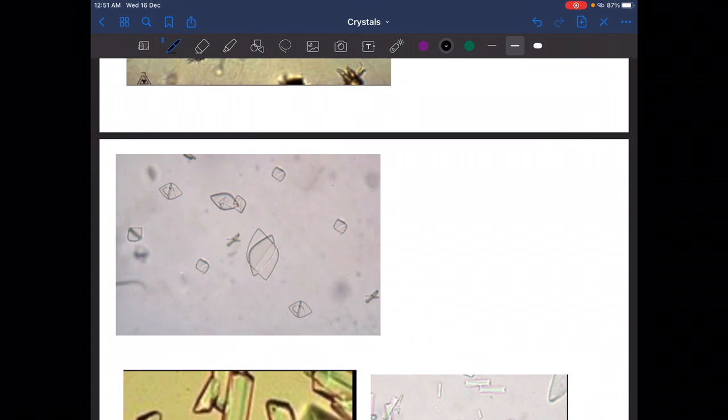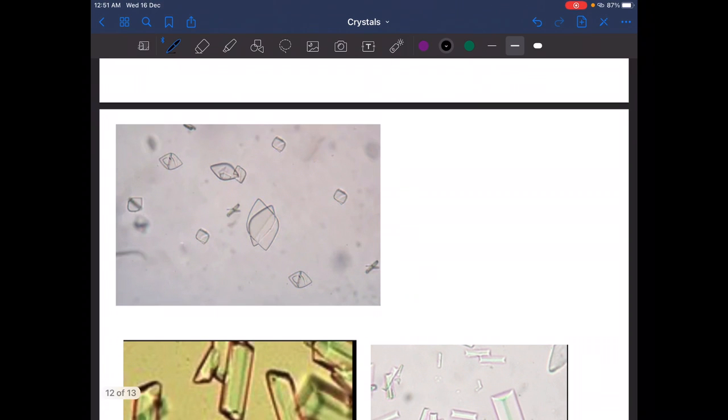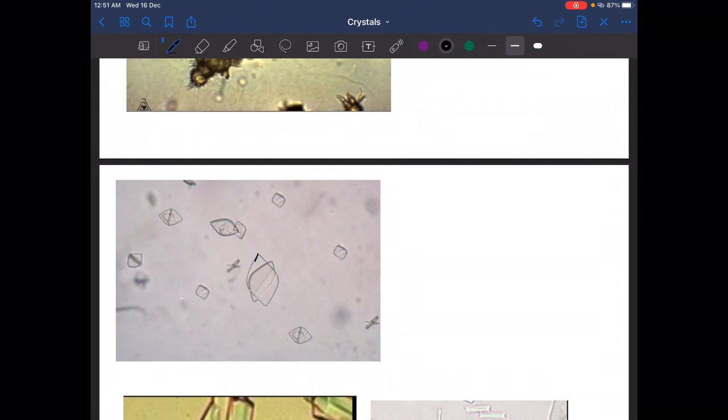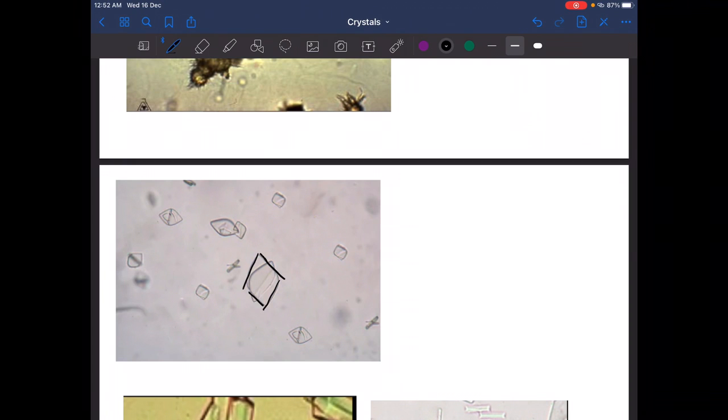Next, this is a very confusing photo. We always confuse it with one photo which will come in some minutes. Here we can see two parallel lines, and these parallel lines meet each other. So these are not hexagonal in shape. These are totally different from the hexagonal shape which we can see in cysteine.